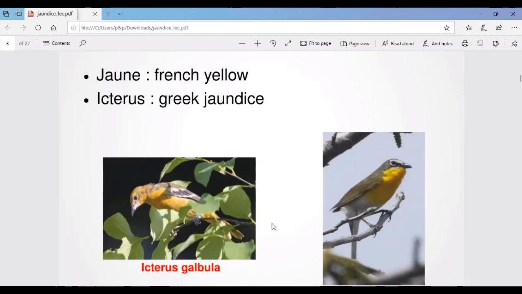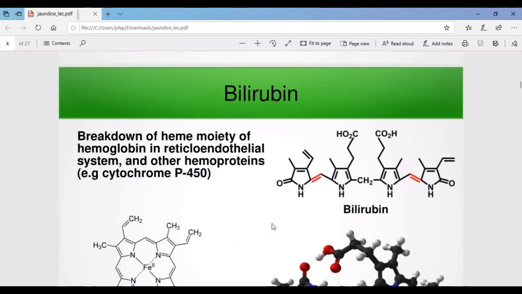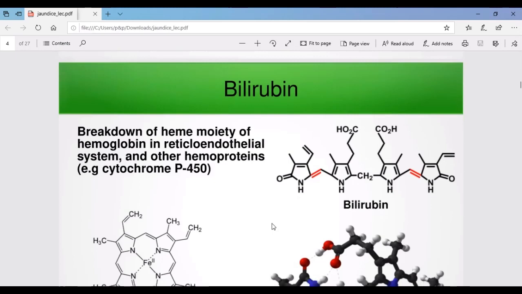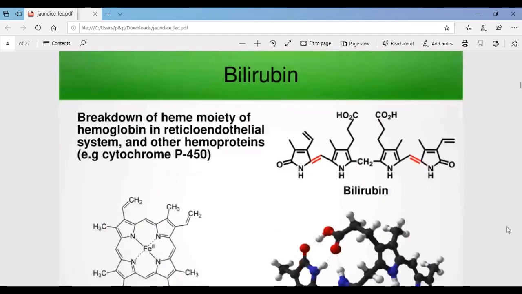Jaundice is yellowish discoloration due to rise of bilirubin. So let's start by reminding ourselves what bilirubin was. Bilirubin, as you studied in your second year biochemistry, is the breakdown of heme moiety, of hemoglobin mainly, in the reticuloendothelial system.